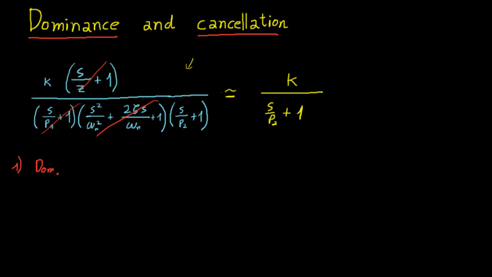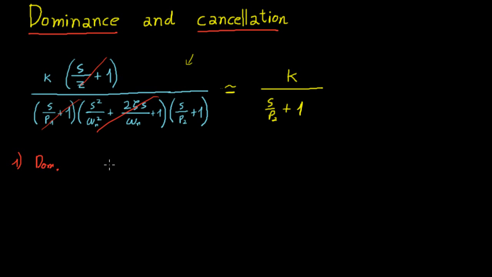We've already come across dominance when we studied second order systems in which the damping factor was a lot greater than 1. In that case, we saw that the poles were very far away from each other, and the system could be approximated by just the pole closest to the origin. We said that this pole was dominant.